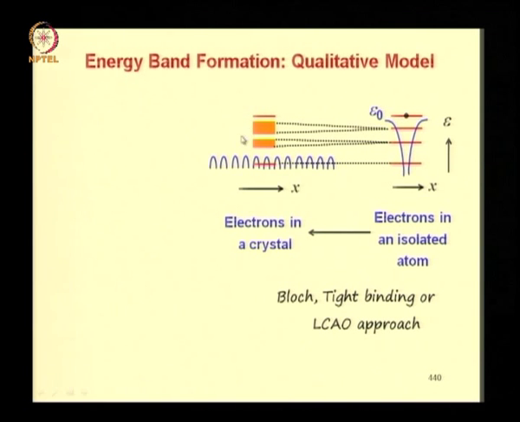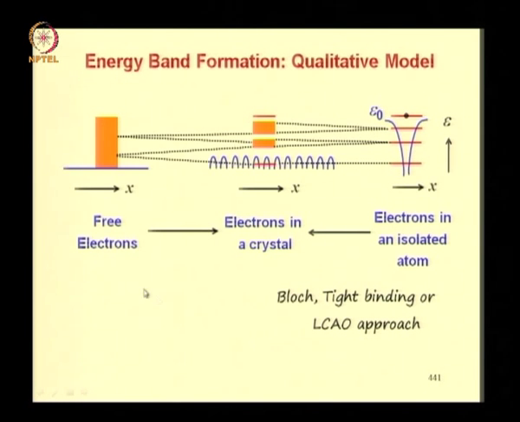This approach of developing the allowed energy bands from discrete levels of isolated atoms is referred to as the Bloch tight binding or linear combination of atomic orbitals approach.